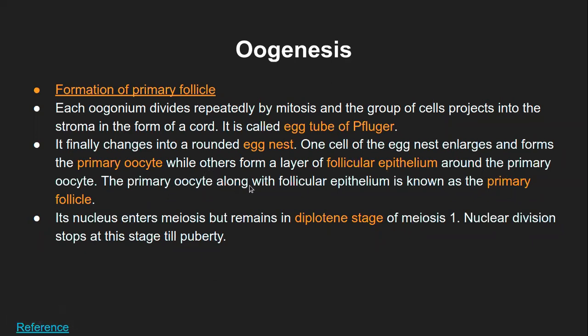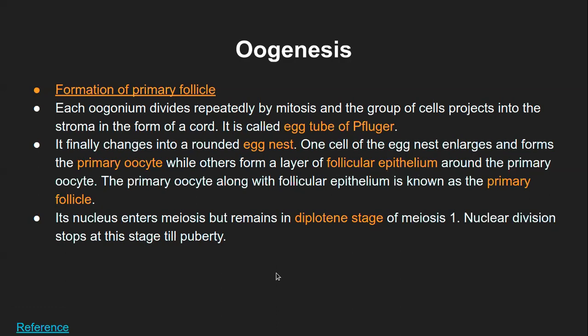The primary oocyte along with the follicular epithelium is the structure being created, and it is known as the primary follicle. So that's the first stage, the formation of the primary follicle. From oogonia cell to egg tube to egg nest, one cell will enlarge into the primary oocyte, and the rest will develop into follicular epithelium, and this structure is called the primary follicle.